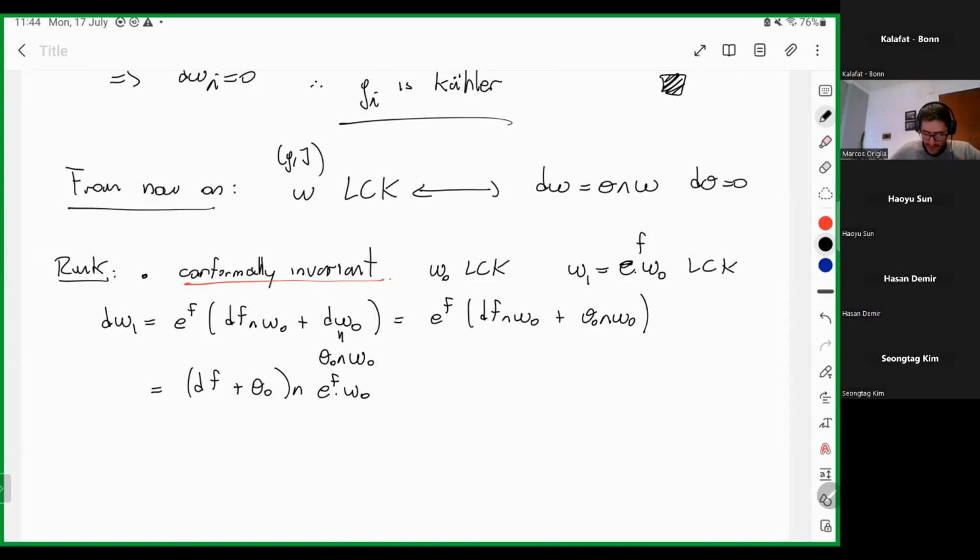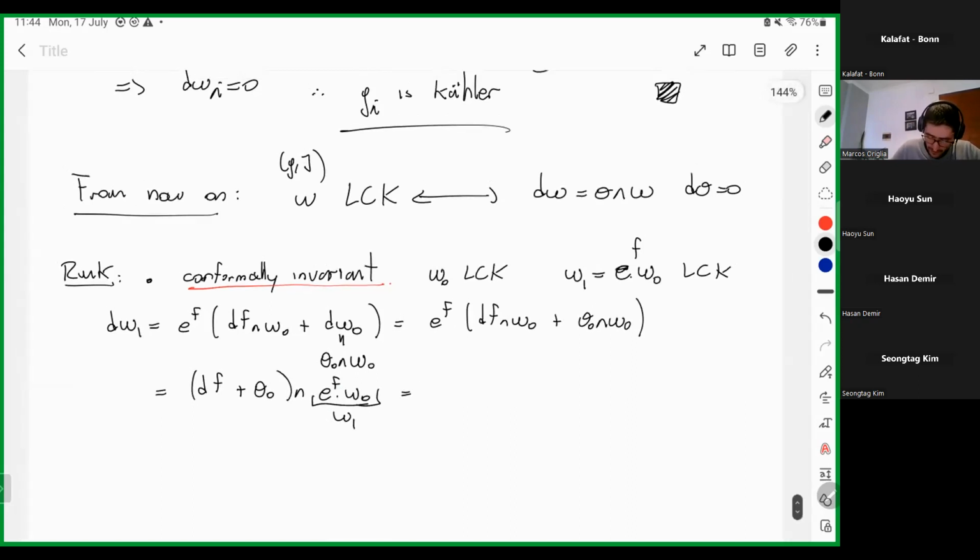But what is exponential of f ω0? This is the new ω1, right? So what we have here is just a one form, df plus θ0, wedge ω1. So dω1 is just a multiple of ω1 again, and this guy is the one form, and of course it's closed because the only difference from θ0 is an exact form. So this is closed, and this is θ1.